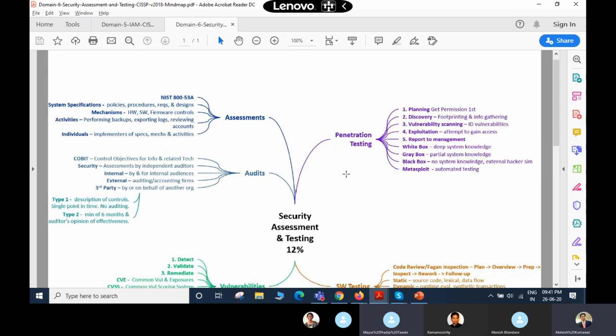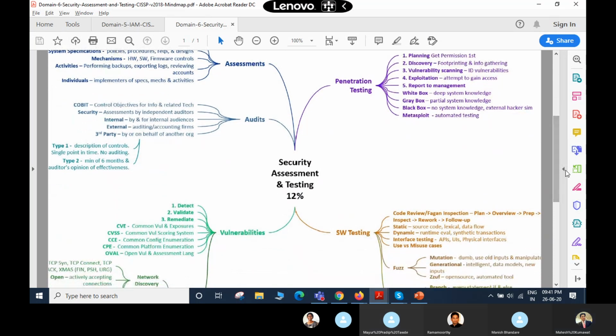Firstly, we will identify the targets of the organization and carry on the test.